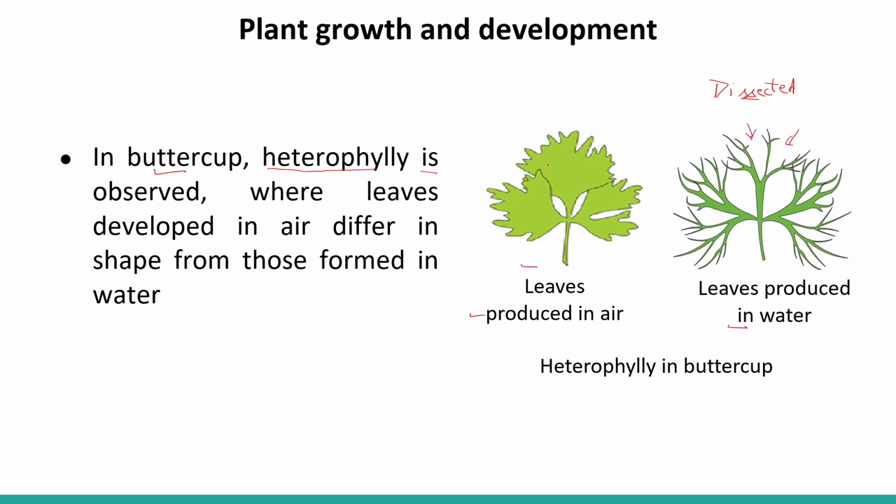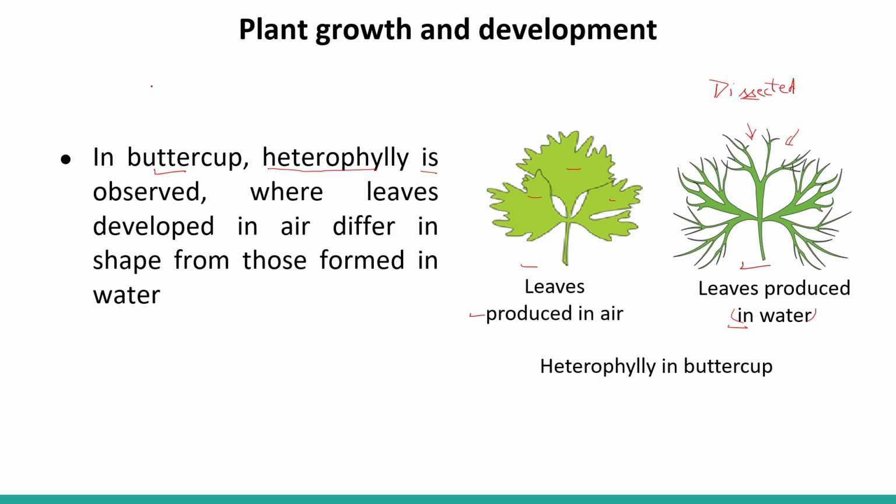If the leaf looked like this, the leaf could break down due to the force of the water current. So the leaves are dissected in water so that water can pass through them.